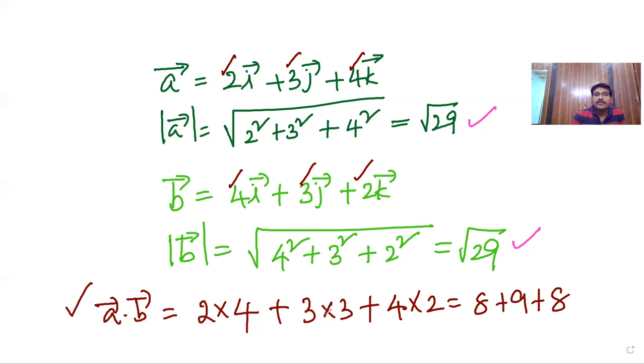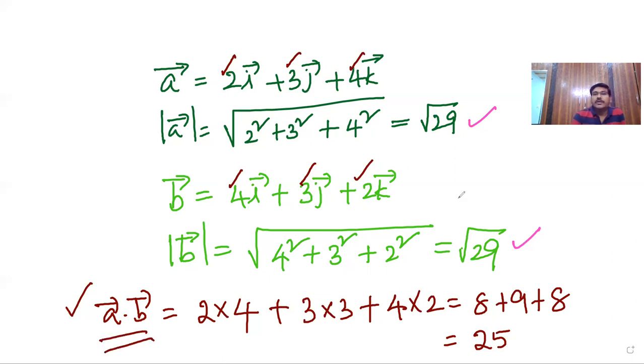So 8 plus 9 plus 8. So it is 17 plus 8, which is 25. 25 is the dot product.